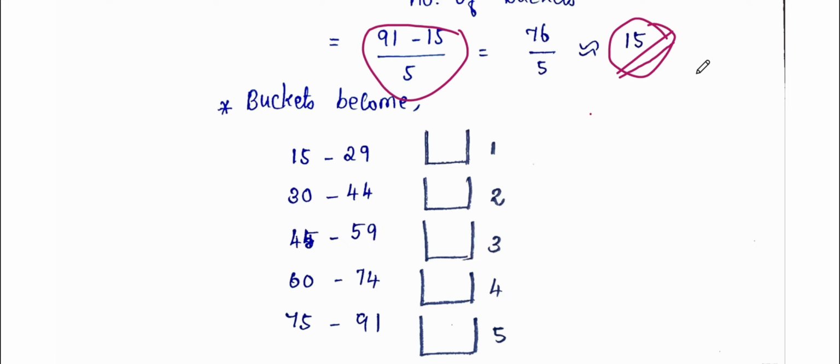How to make the 15 elements? 15 plus 14 is 29, so including 15, the total is 15 elements.